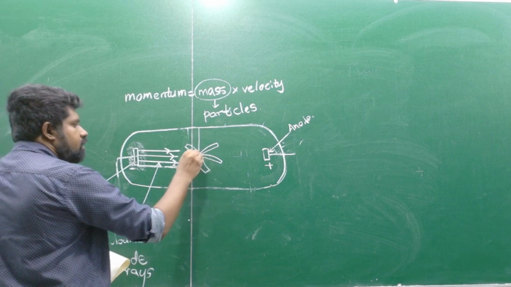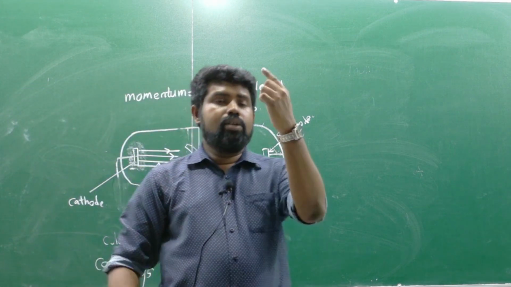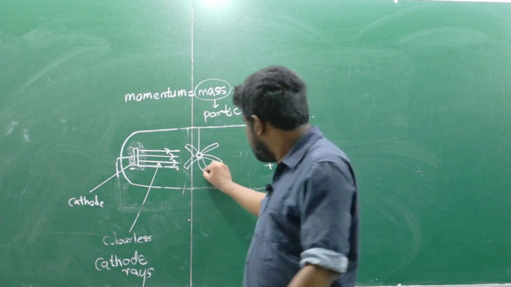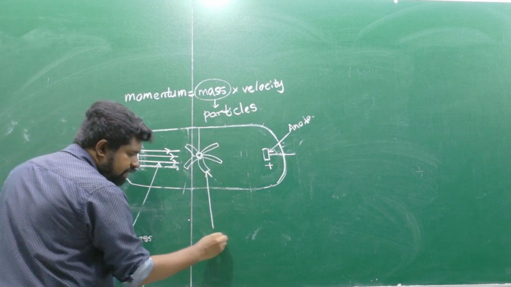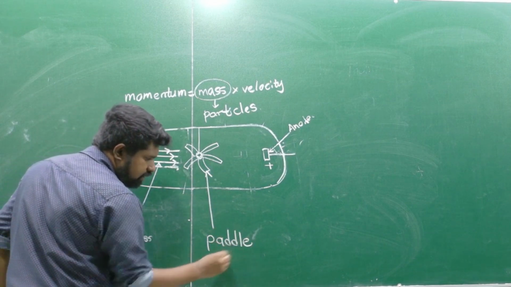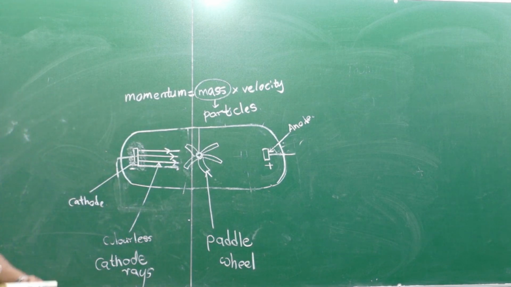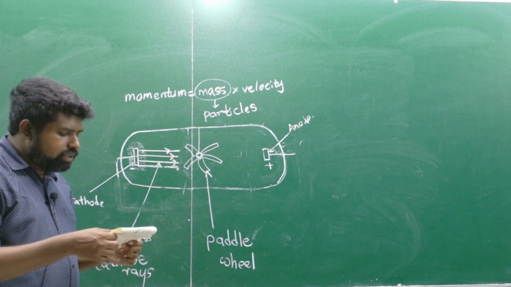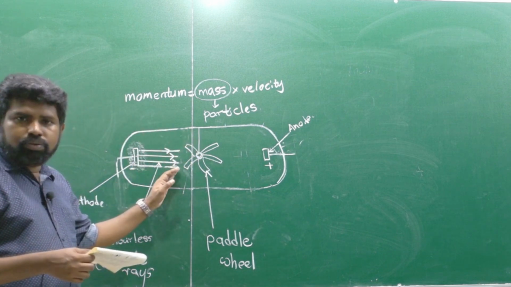When we were small we played with a toy like this, and when you blow on it, it rotates. It is called a paddle wheel: there is a wheel and there are some paddles connected to that wheel. A paddle wheel was placed on the path of the cathode rays.